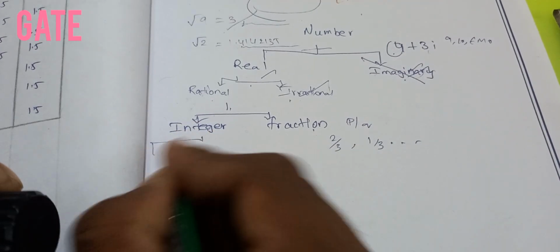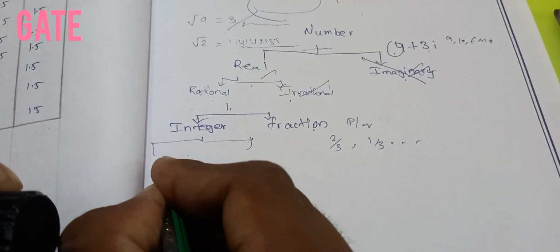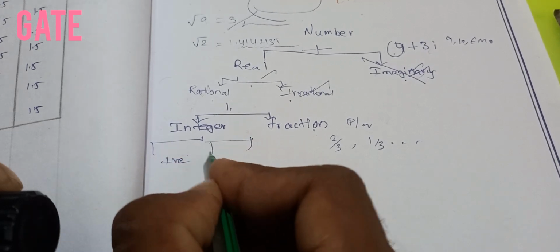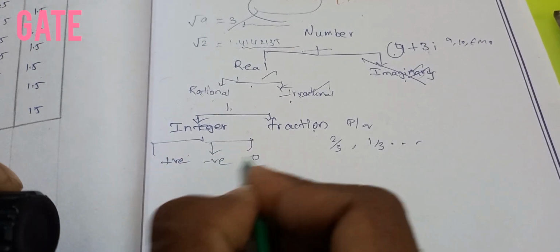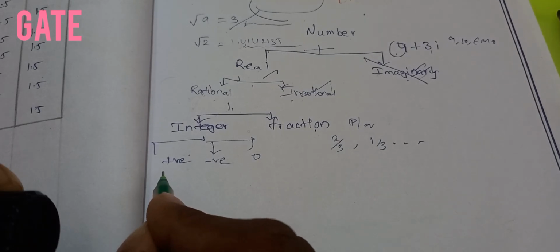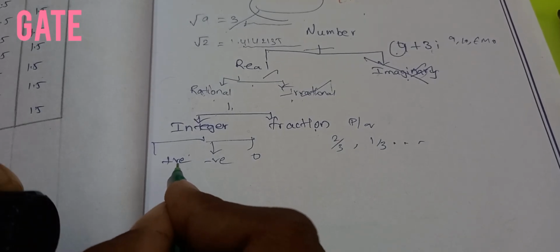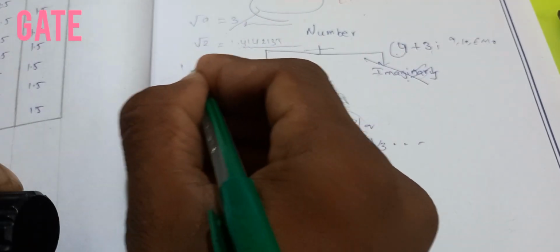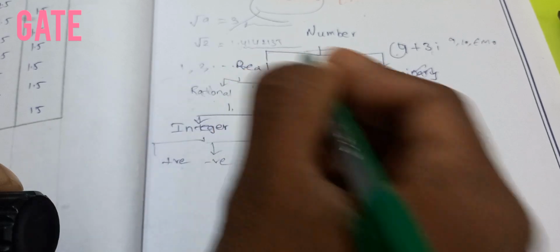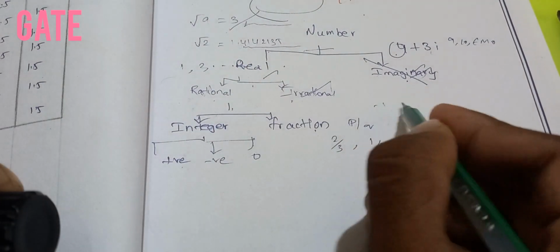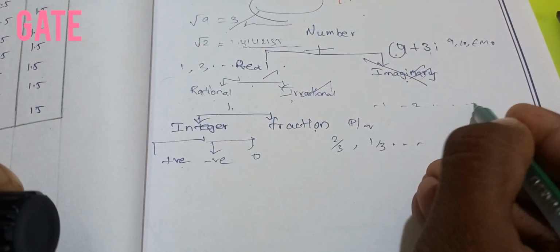Integer is divided into positive, negative, and 0. Again, we know that positive integer means 1, 2, 3, and so on up to n. Negative means -1, -2, up to -n.